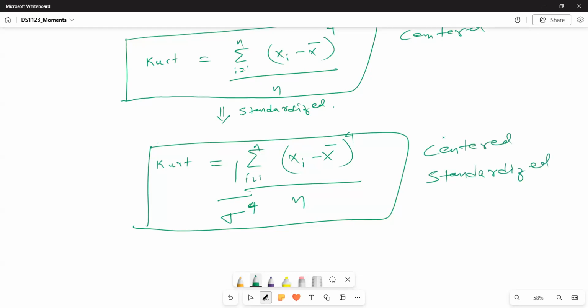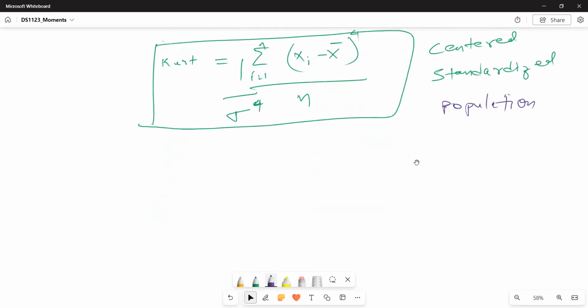But still, it is for the population data. So we'll apply a sampling adjustment to get the formula for kurtosis that we'll use for samples.